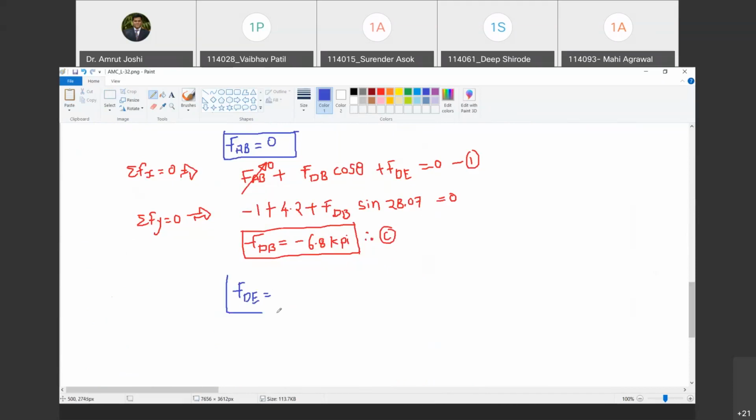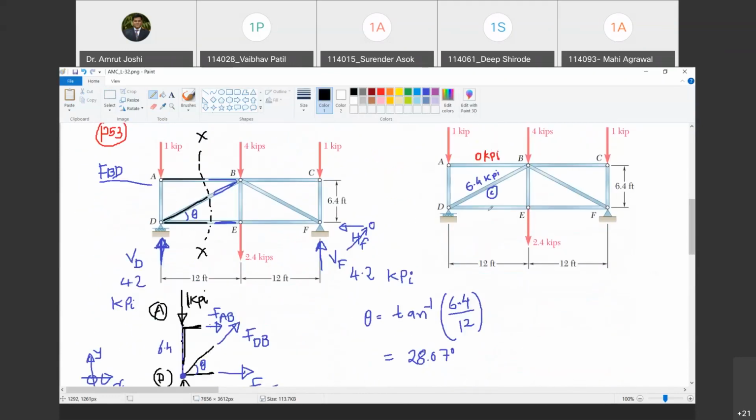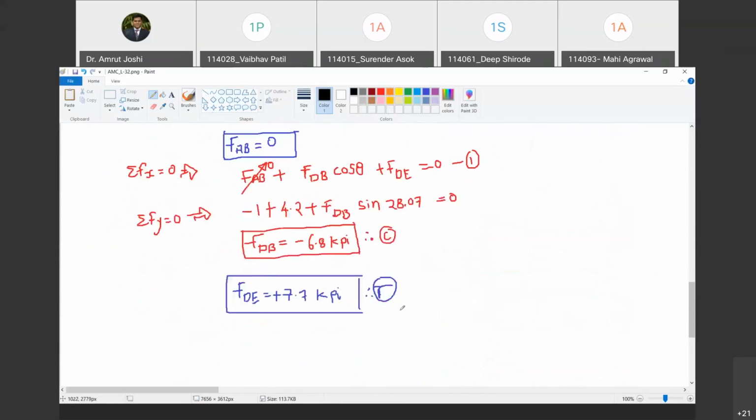So tell me how much is that? 7.7. You took the cos component, right? Yes, sir. 7.7 kPa. Happy? Yes, sir. And as it has turned out to be positive, therefore it is tensile in nature. Happy? So just a sec. I think I made a mistake. Okay, tell me what is the answer.